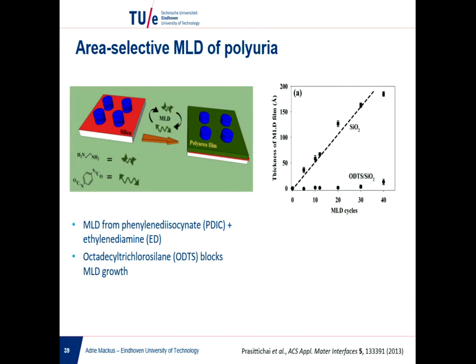In this case, they demonstrated that if you do this chemistry on silicon oxide, then you get the linear growth that you expect from most MLD chemistries. And if you functionalize your surface with these ODTS self-assembled monolayers, then you can deactivate the growth for at least something like 30 cycles.